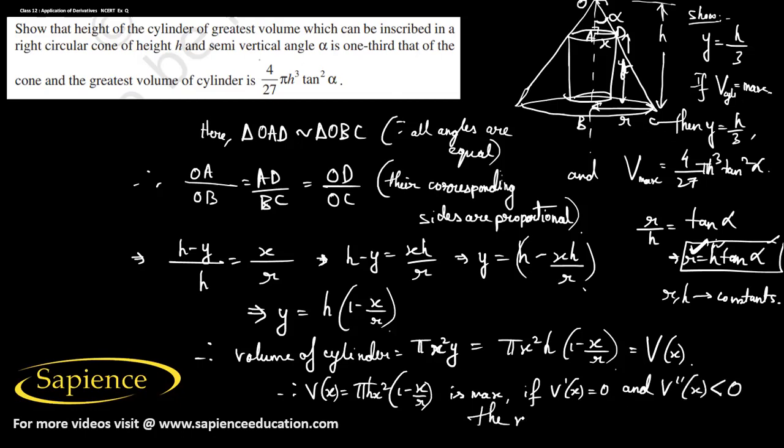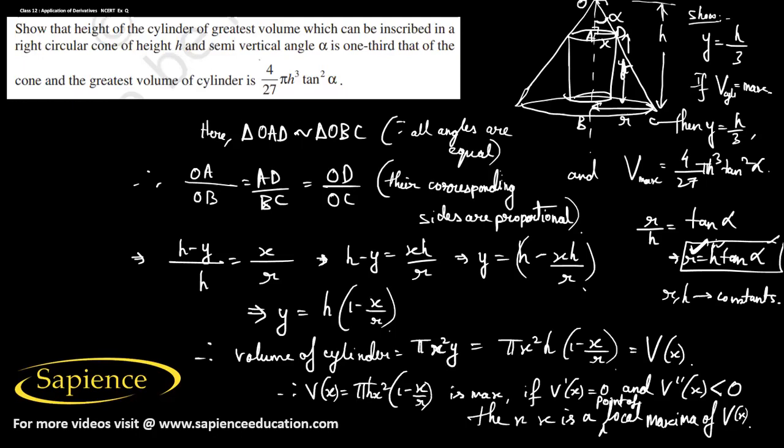Then only we can say that x is a point of local maxima of the function v of x. So now v dash x is equal to 0.